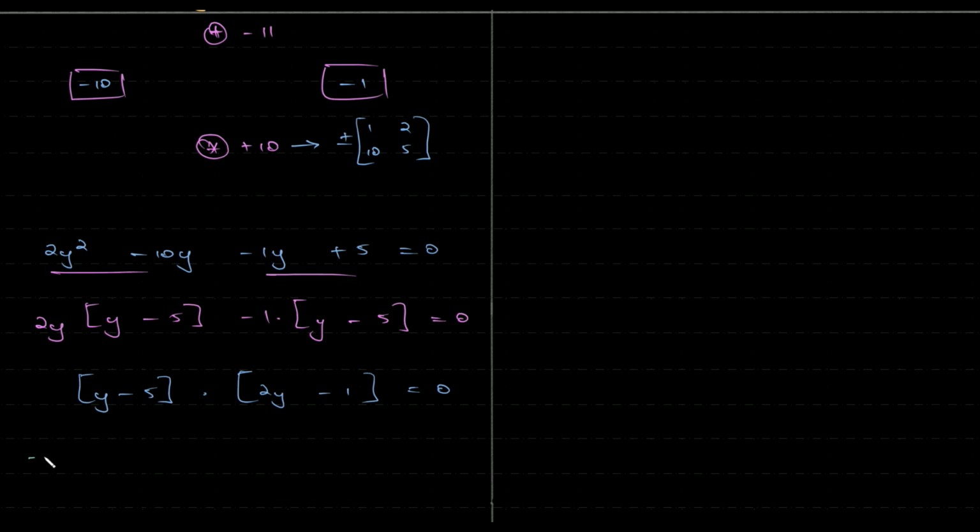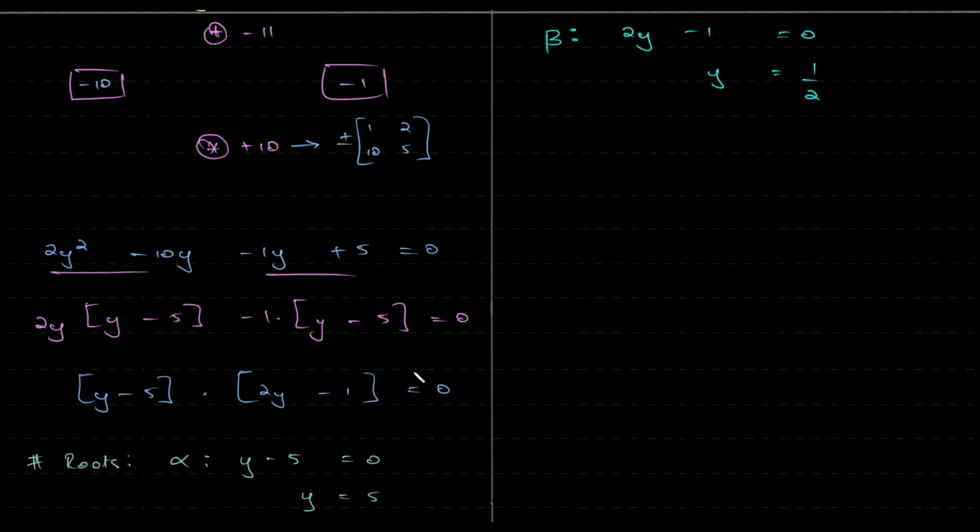Further finding the roots: alpha, Y minus 5 equals 0, so Y is equal to 5. Beta, 2Y minus 1 equals 0, so Y is equal to half.